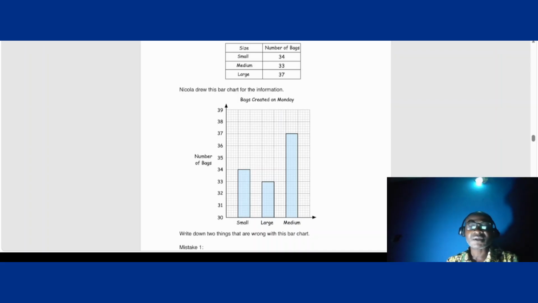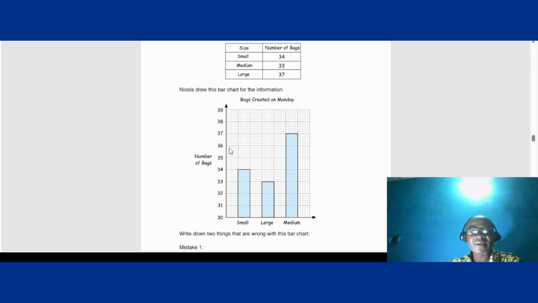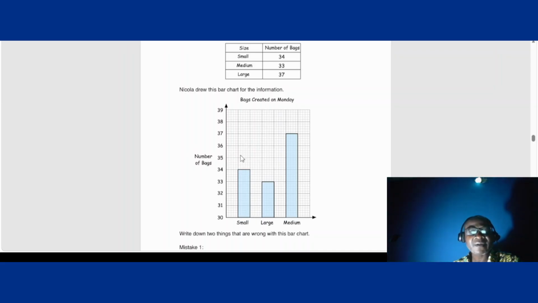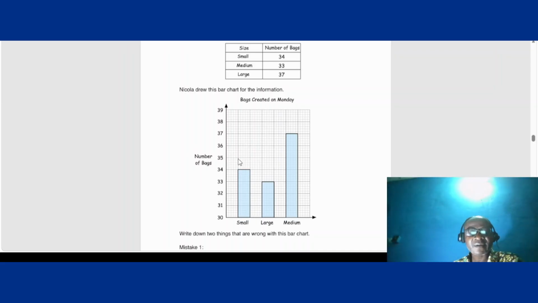Okay. So from this graph, what are the two things you could see that are wrong with this bar chart? The order they named it is small, large, and medium. Shouldn't it be small, medium, and large?